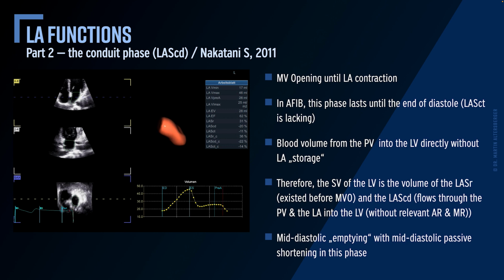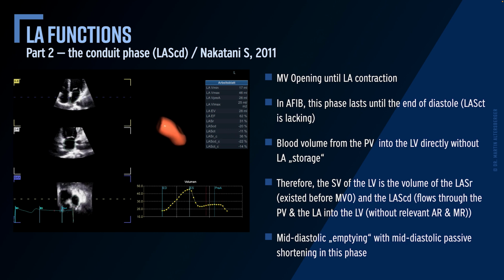The conduit phase is measurable in the left atrial strain. It is the phase from when the mitral valve opens until the time the left atrium contracts. And you can see that here on this nice graph. So here we have the left atrial reservoir phase, and the conduit phase lasts until the left atrial contraction.